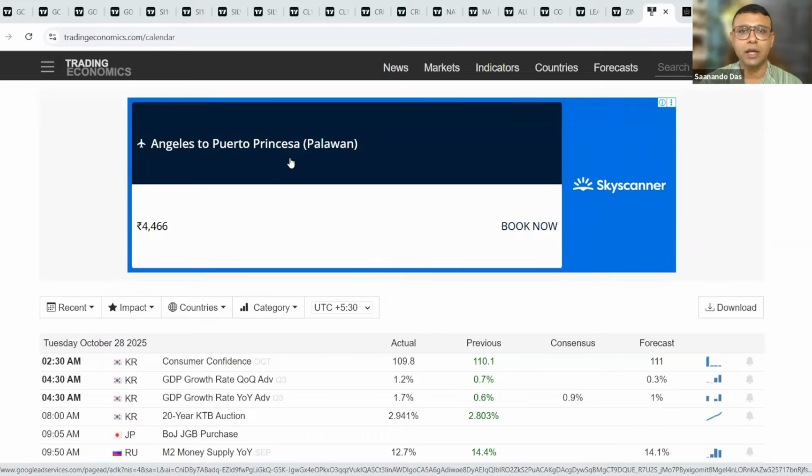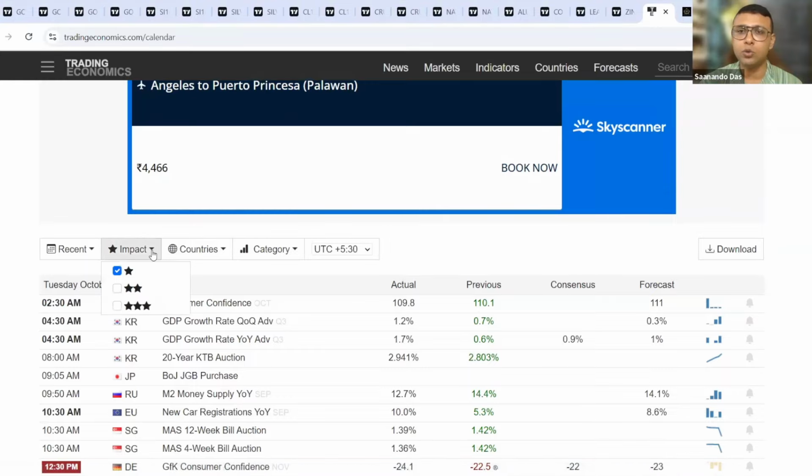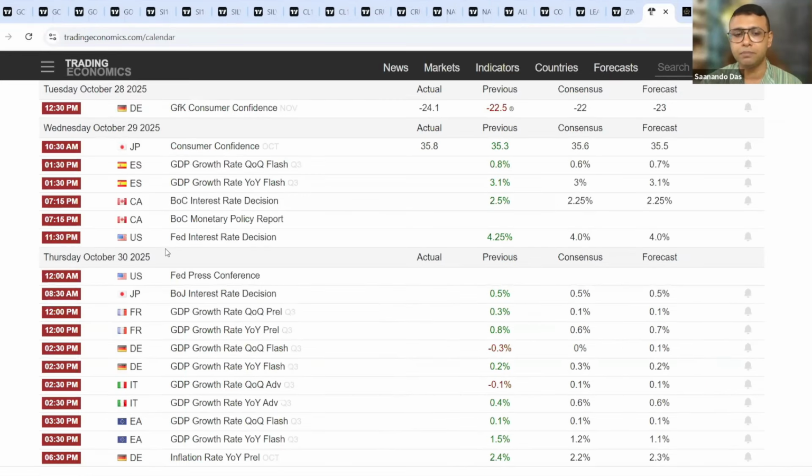First thing that I do regularly in the morning is take a look at the economic calendar. These economic calendars are available across websites: TradingView, investing.com, Trading Economics, FX Street. Many websites offer this economic calendar. As a commodity trader, this should be part of our discipline, that regularly we come to the economic calendar and look at the 3-star important events of the day.